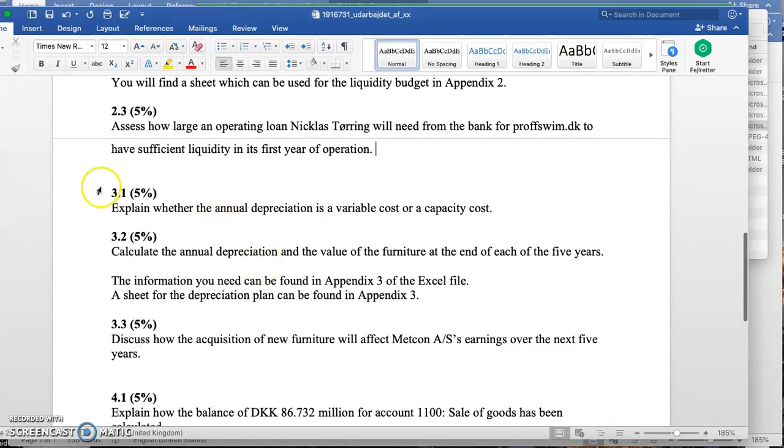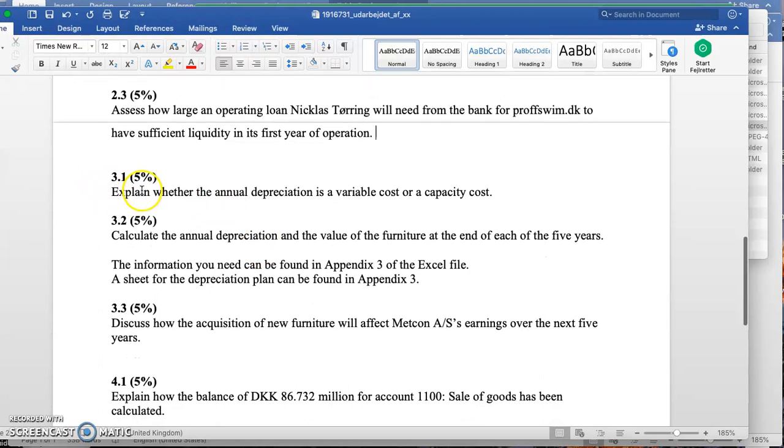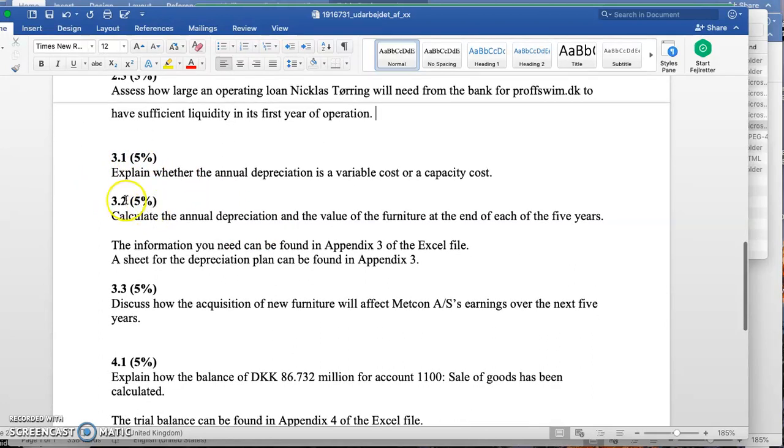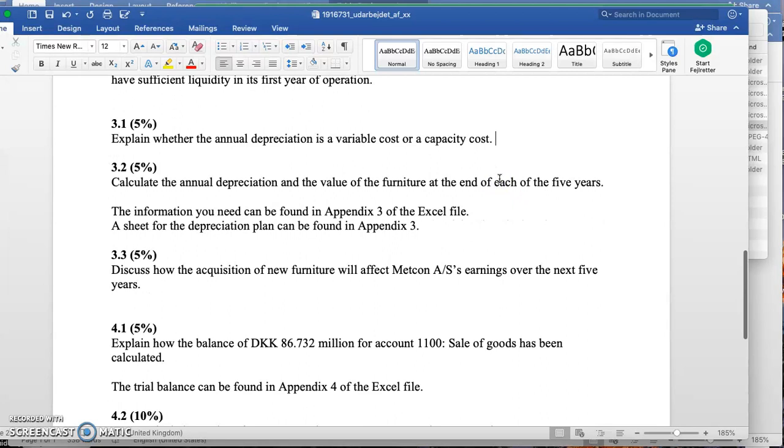Okay, the next part is 3.1, which is 5%. Explain whether annual depreciation is a variable cost or capacity cost. Depreciation, here you need to think about your knowledge on fixed costs and variable costs.